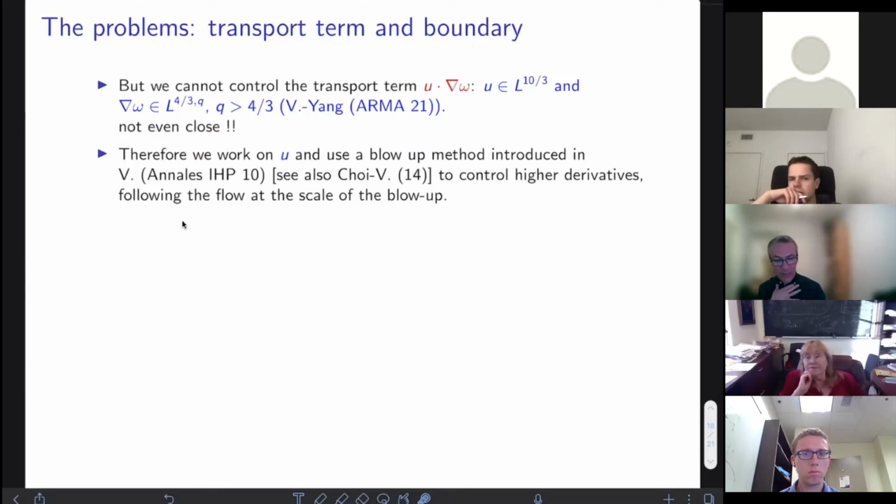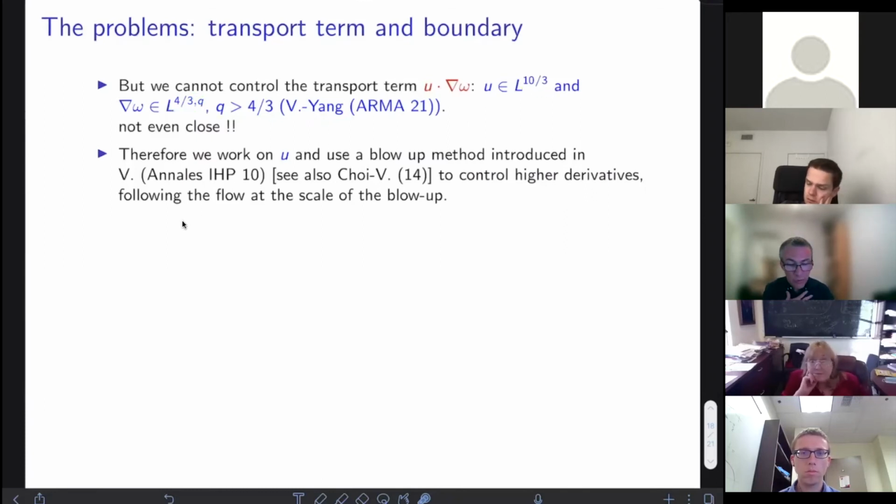You have L^{10/3} in t,x for u, and for gradient omega, this is using higher regularity. If you heard about that, it's something I was involved in sometimes. The best you can get, and now we are pretty happy because, even with Jincheng Yang, we were able to improve this, but you still have L4/3, and 10/3 does not work.